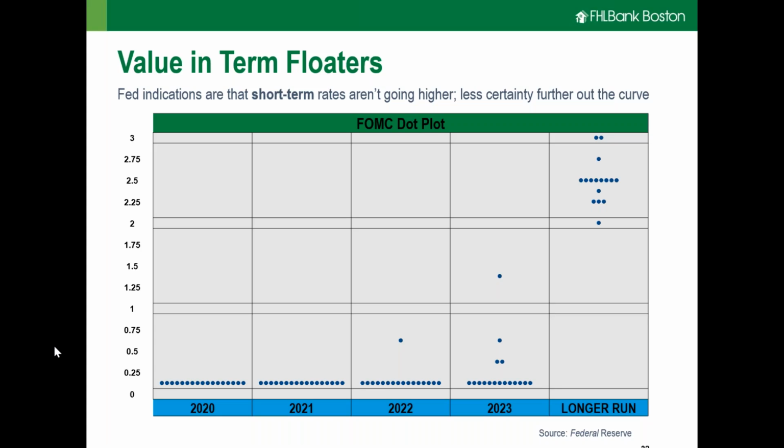And then if you look at 2023, you still have 13 of 16 remaining at the same 0 to 25 basis point level. And as we talked about earlier with the first two slides, that's consistent with what short-term rates have done, and intermediate and long-term rates are driven by different market forces and can fluctuate outside of that.